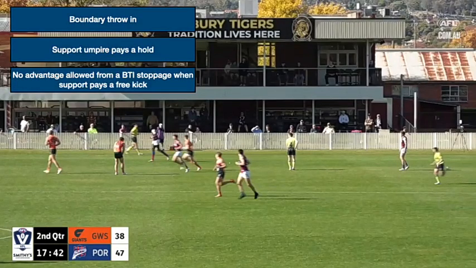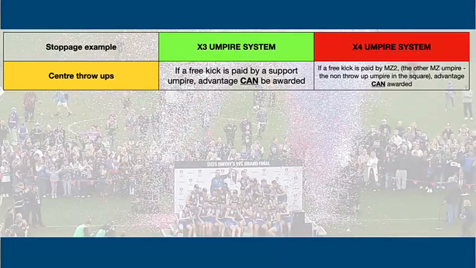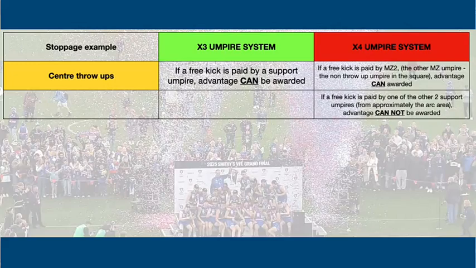So just to summarise, at centre throw-ups, in a 3 umpire system, a support umpire can pay a free kick and advantage can be awarded. However, in a 4 umpire system, only the mid-zone 2 can allow an advantage from a free kick that they pay.